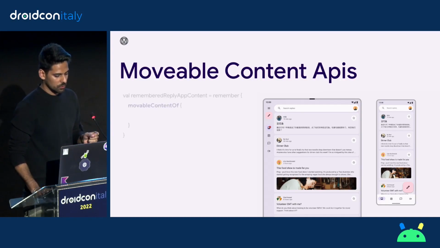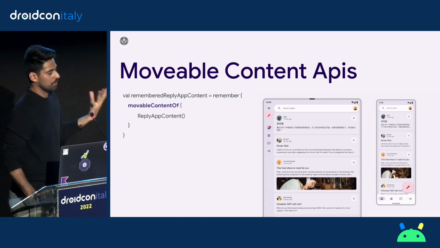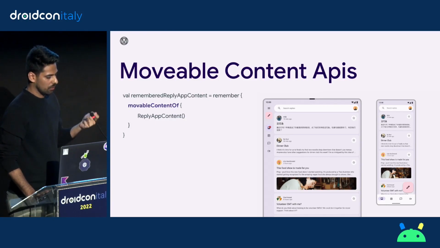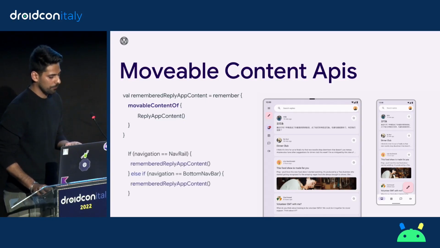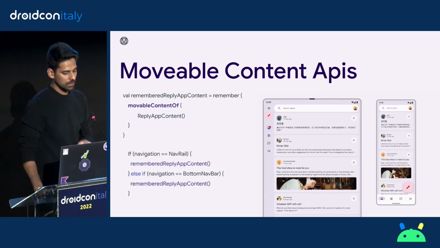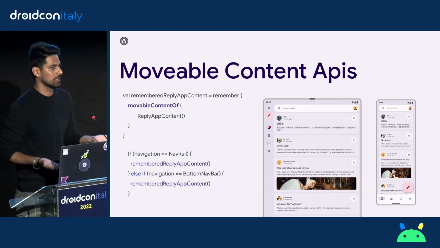So what we can do is leverage the movable content and pass whatever content we want persisted. So whenever there is a change on navigation, we do not want this content to change. So now if we change from bottom navigation to navigation rail, or the other way around, the app content inside will stay the same.